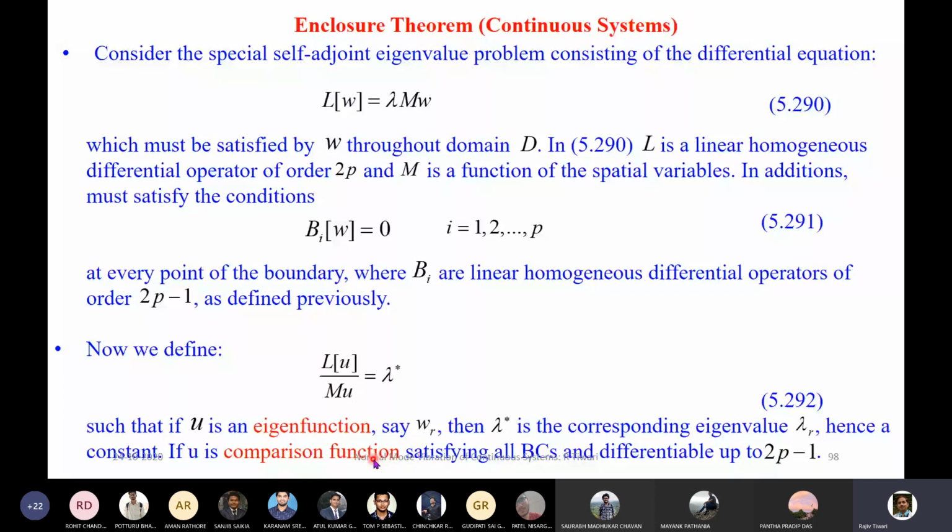I defined earlier that a comparison function satisfies all boundary conditions of the problem and is differentiable up to 2p minus 1; it should not vanish if we differentiate that many times. We only need to ensure that it satisfies the boundary conditions. There is no need to solve the eigenvalue problem to get the eigenfunction. Just by using the comparison function, we'll get some ratio.